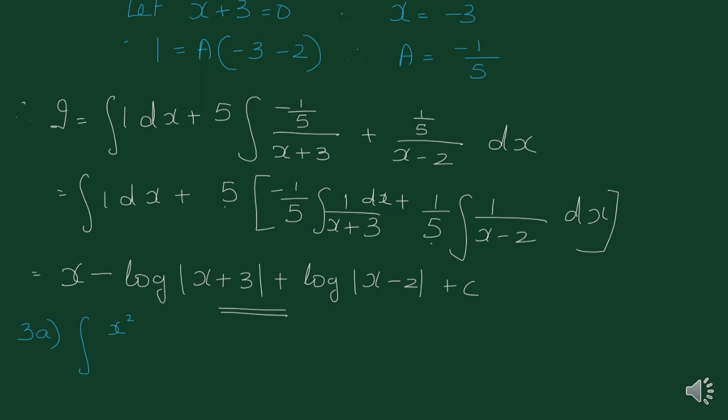The question is the integral of (x² + 4)/(x² − 4x + 3) dx, and the answer I am providing for you, so you can check whether your answer is coming proper.